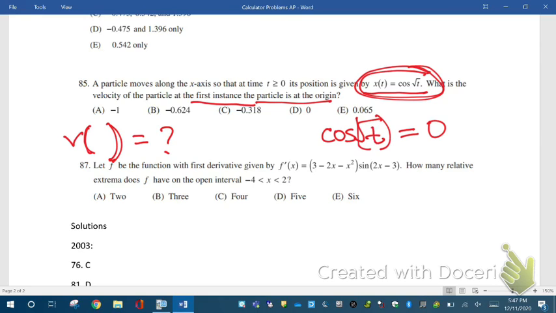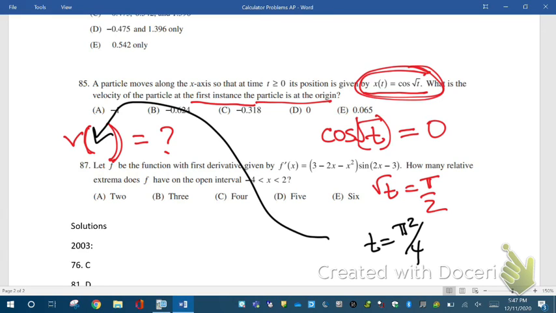So then, uncover that up. That means the square root of t equals pi over 2. Square both sides, and you'll get t equals pi squared over 4. And that's what you're going to plug in right here. Okay? So now we're finding the velocity at pi squared over 4.